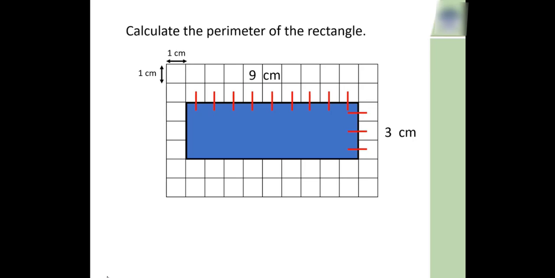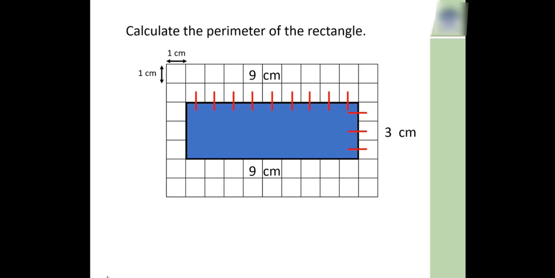So how can I use my knowledge of the property of a rectangle to help me make this method more efficient without having to count all the rest of the squares? Well, I know that in a rectangle, opposite sides are of equal length. So if the length is 9 centimetres, then this side is 9 centimetres.